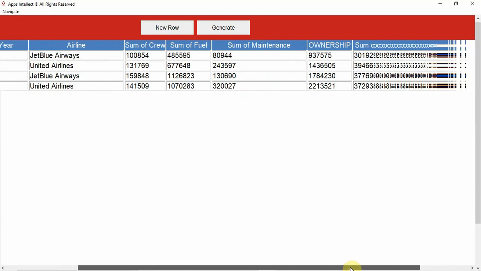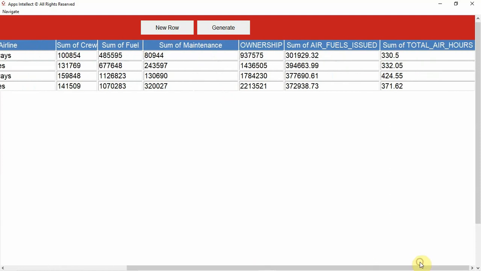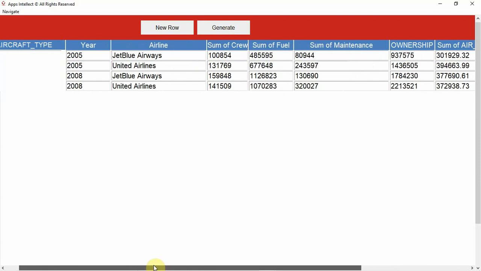This is what the user will be inputting for this application, and we just click on the generate button, so we can see all this data including the output which is supposed to be generated. So here we go, we just click generate.